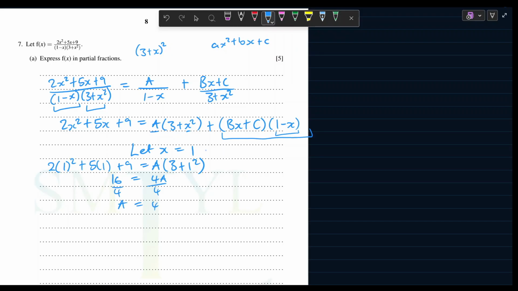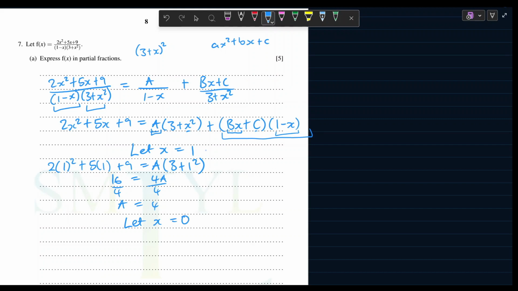And then to evaluate c, we can say let x equal 0, because we know it will make this part 0. A, we already know that a is 4. So this would allow us to evaluate c. So let's do that. Let x equal 0.